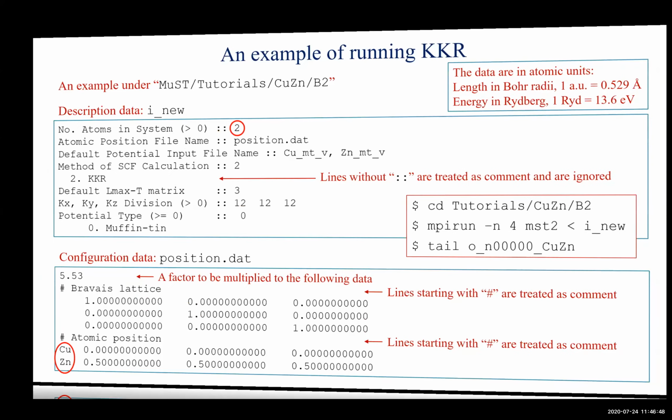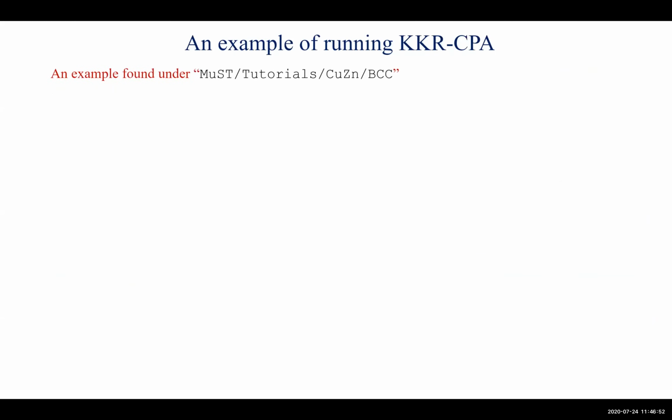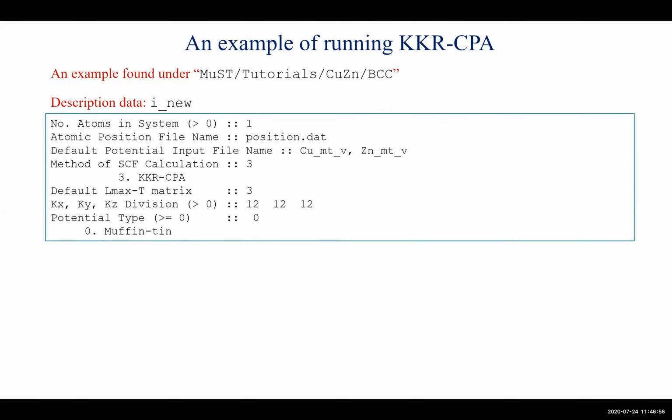All right. So now we can do the same thing for KKR-CPA. The only difference is that now I'll have only 1 atom per unit cell, because every site is represented by a so-called effective medium, the CPA medium. That represents the average effect of the random alloy. So each site will be called a CPA atom.